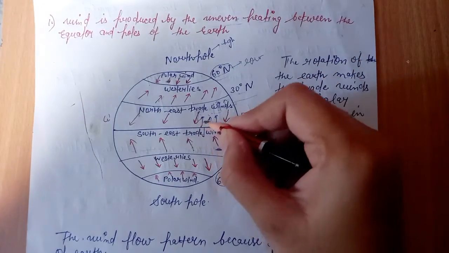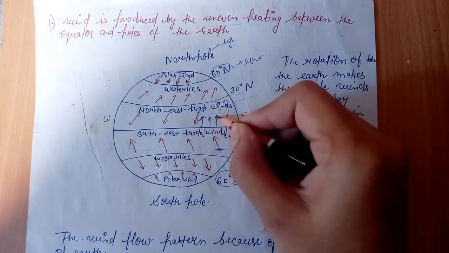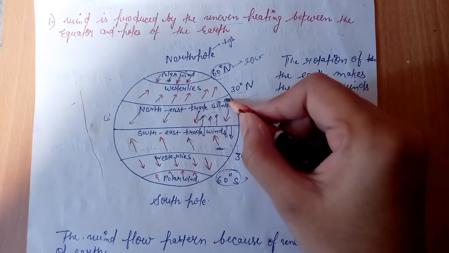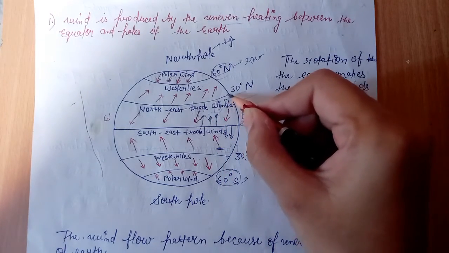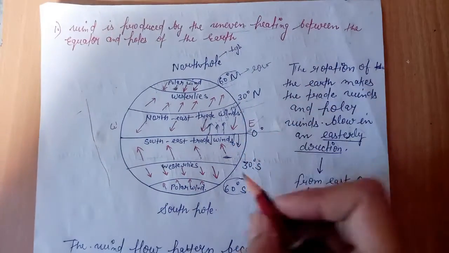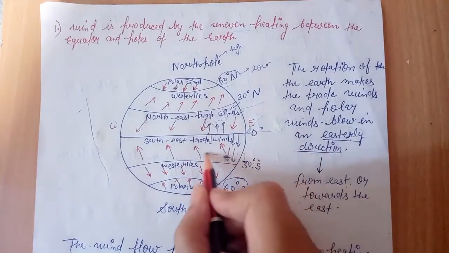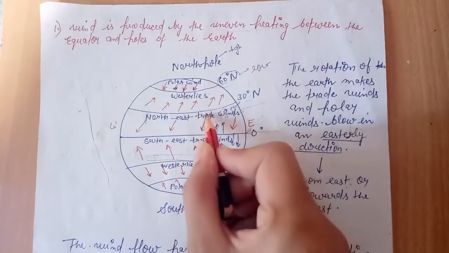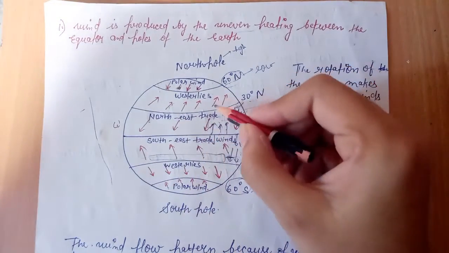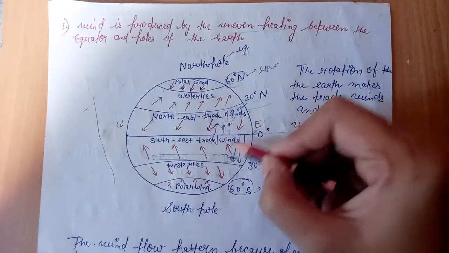Warm air starts rising up because it is lighter, and as a result, when warm air rises up, it blows towards 30 degrees north and 30 degrees south. Cold air from 30 degrees north and 30 degrees south rushes to take its place towards the equator.